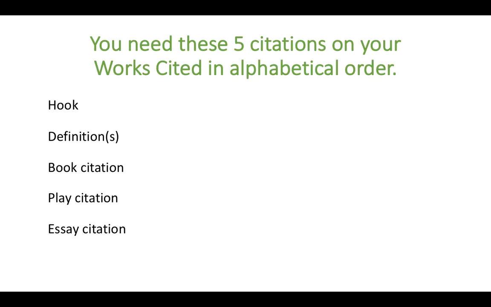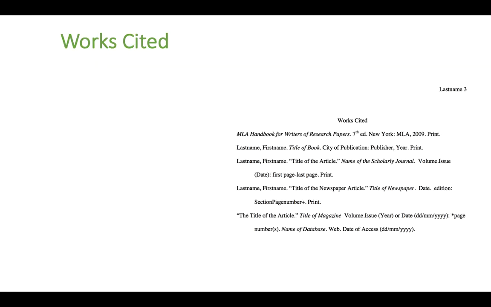All right, so you need 5 citations on your works cited page. And when you write them on your works cited page, they need to be listed in alphabetical order. So whatever the first letter is of the citation ends up determining where it gets placed in relation to the others. So this isn't the greatest example because this part right here shouldn't be there, okay? But you don't have any extra spaces, so this would be the top of the page.